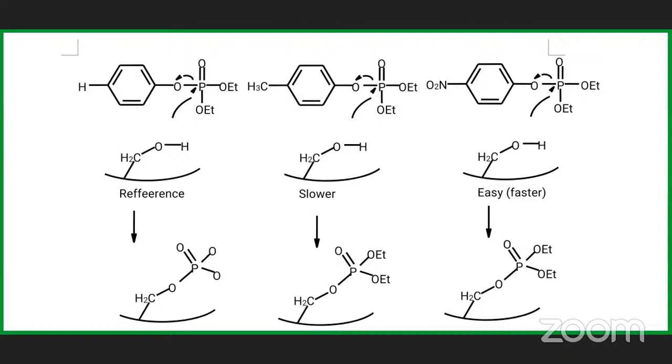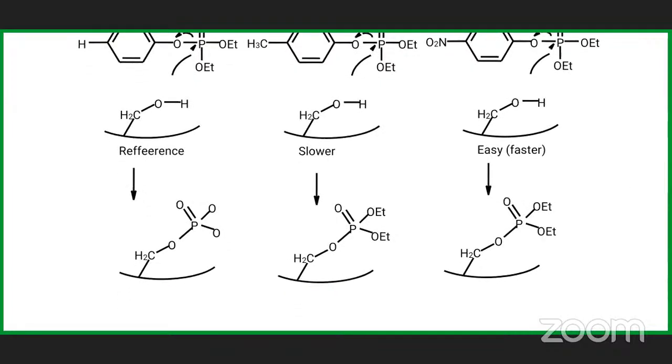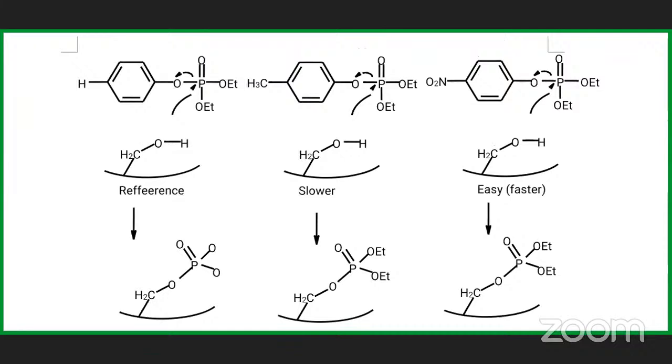So when the minus M group is taken, the rate of hydrolysis increases, because the nitro group is an electron-withdrawing group. It withdraws the electron, and then the cleavage of this phosphate linkage takes place easily. So that is the effect of the substituent.